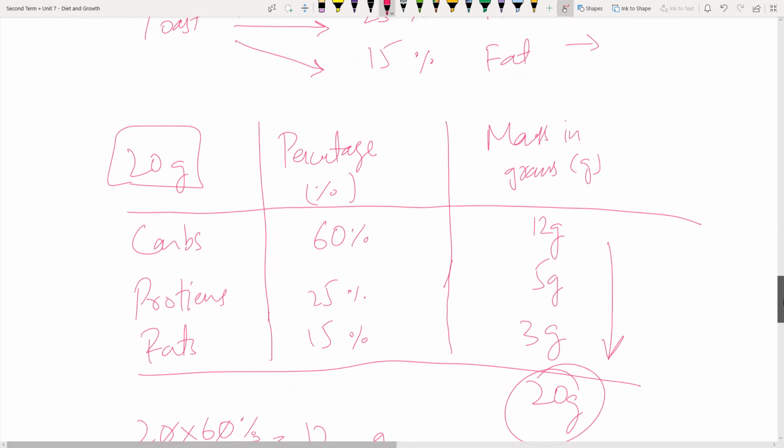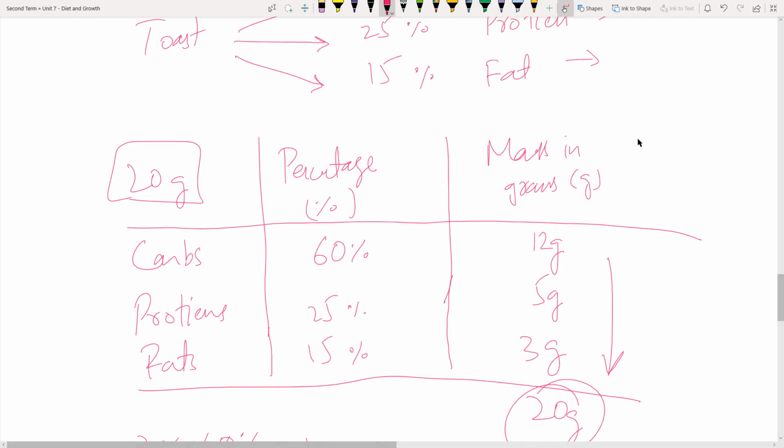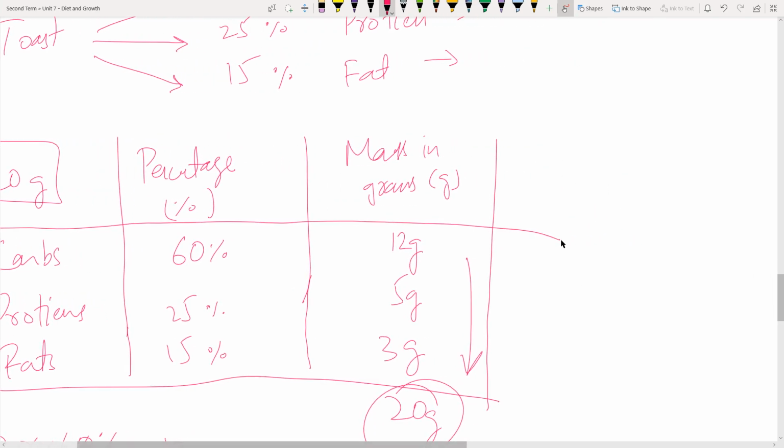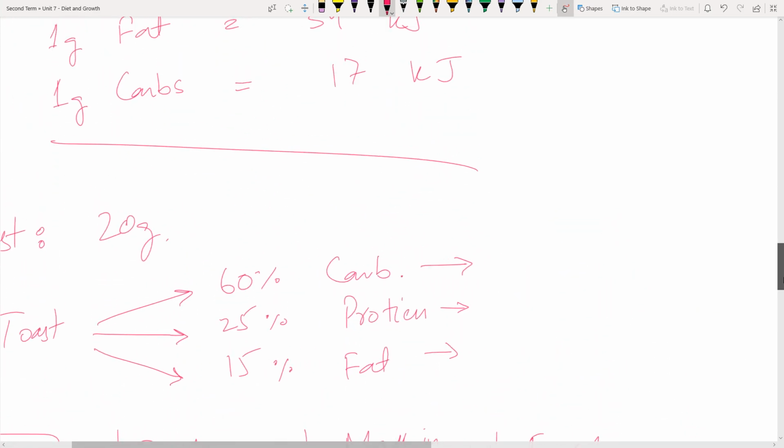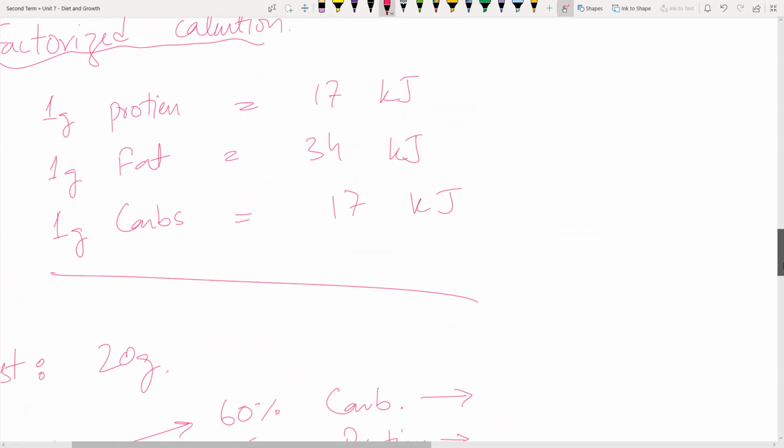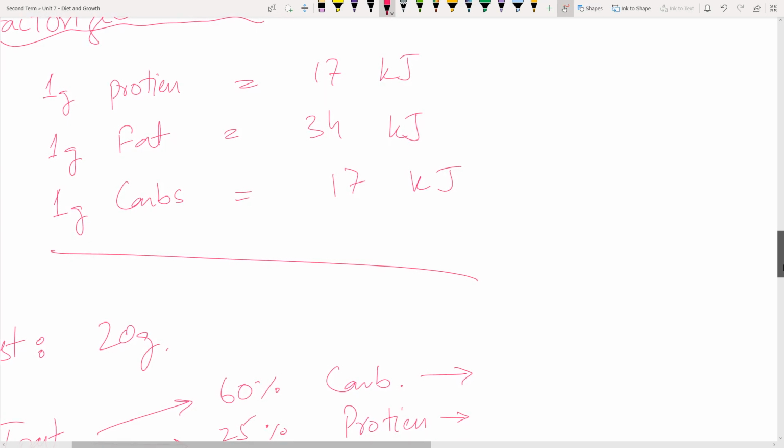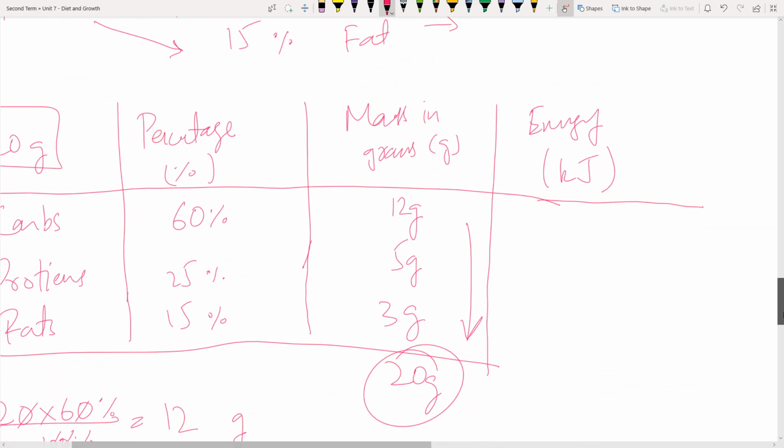Now, for energy calculation, since we calculated the mass previously, I just gave you the formula for energy calculation. Energy in kilojoules: how many kilojoules of energy is produced? As you can see, protein is 17, carb is 17, and fat is 34 for each gram.